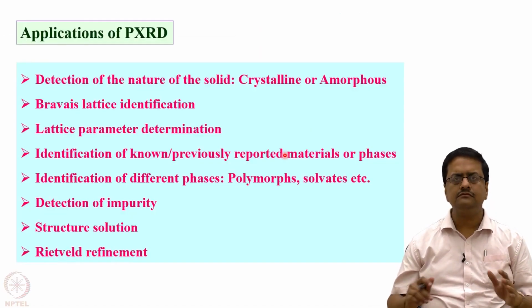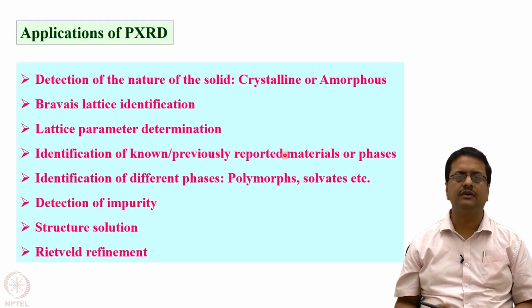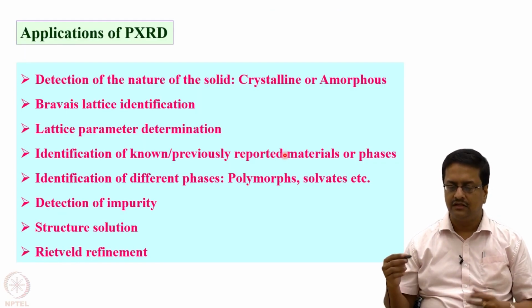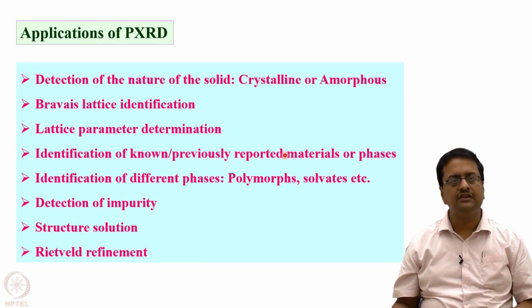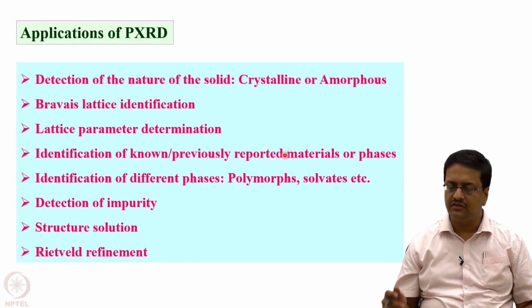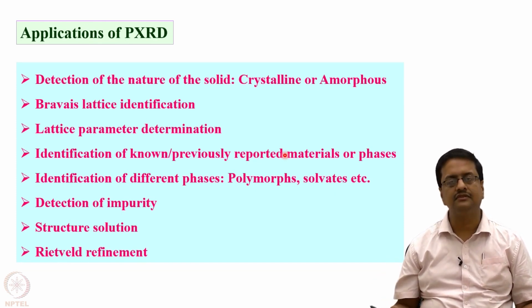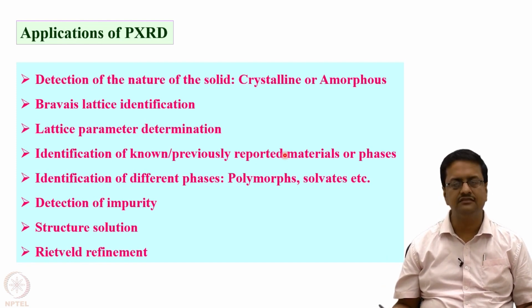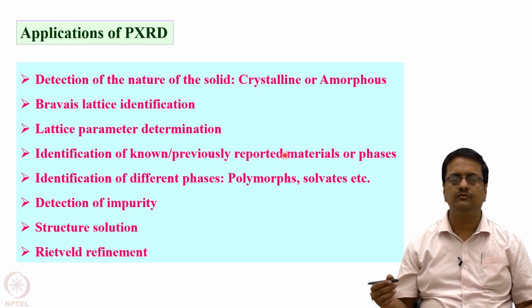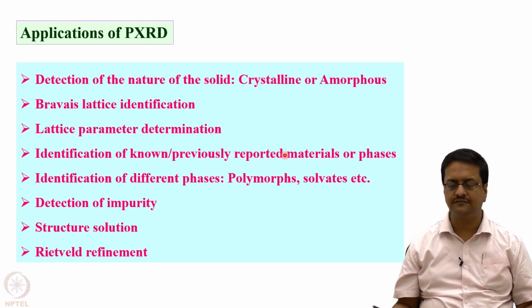So, what are different applications of powder X-ray diffraction? The applications range from the detection of whether the material is crystalline or amorphous. So, we want to know the crystallinity of a substance.